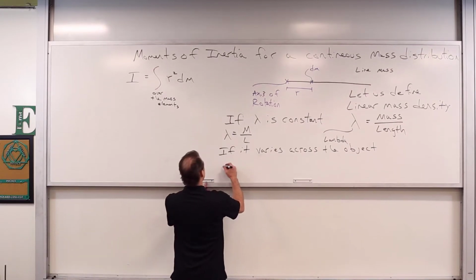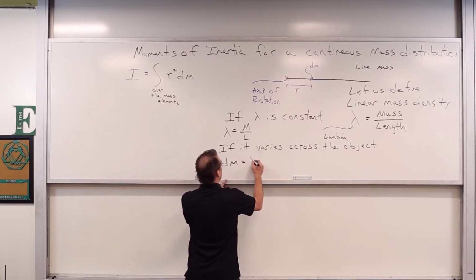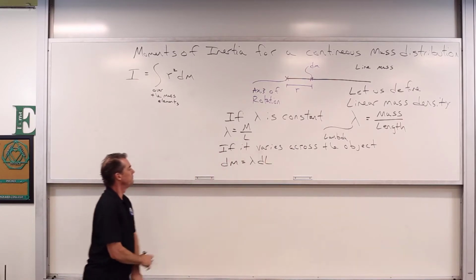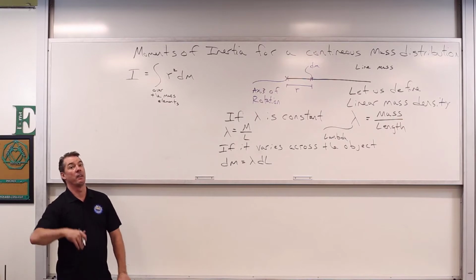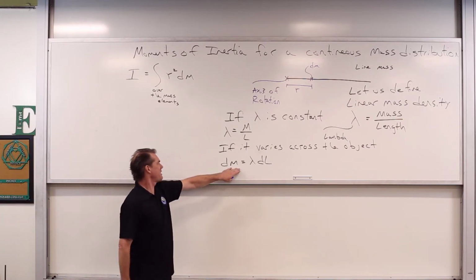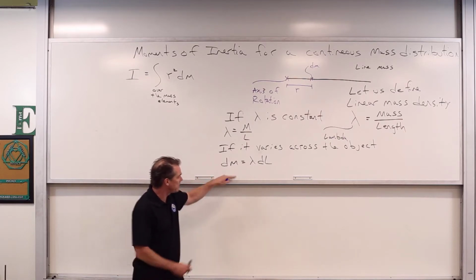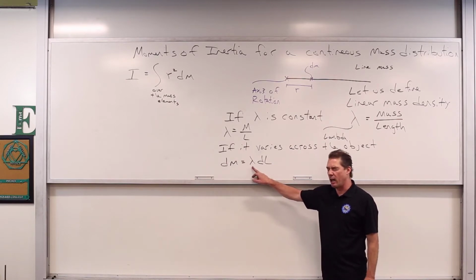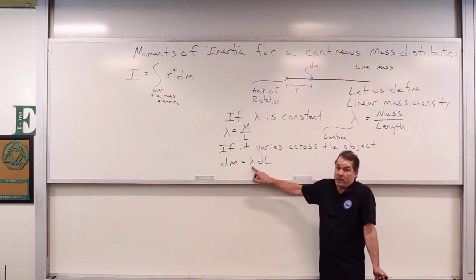We can write that dm is equal to lambda dl, where lambda is a function that describes the variance. Really, this is the definition, or how we can relate the infinitesimal mass elements to the infinitesimal length elements, and a characterization of the linear mass density, whether it's constant or not.